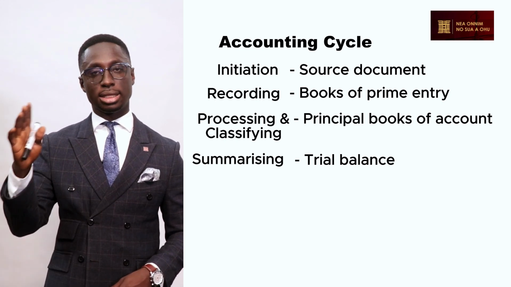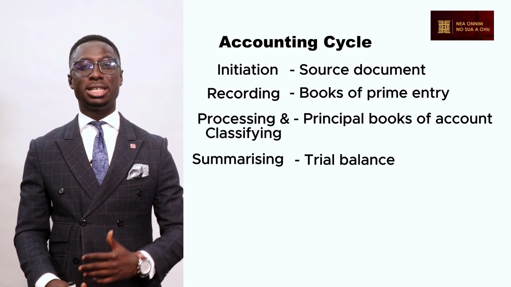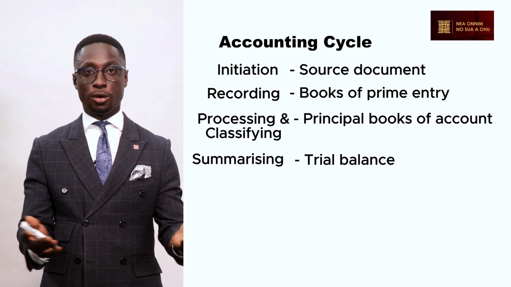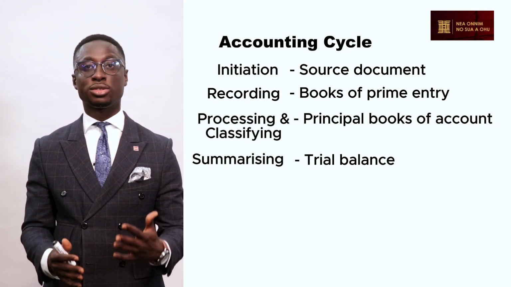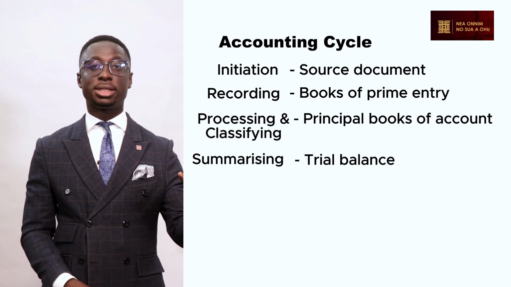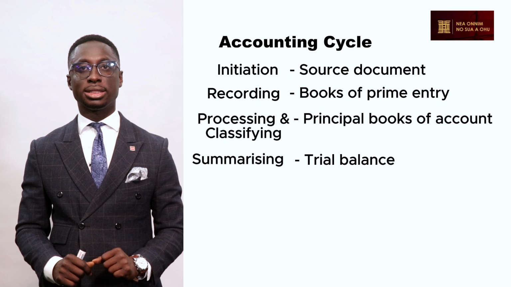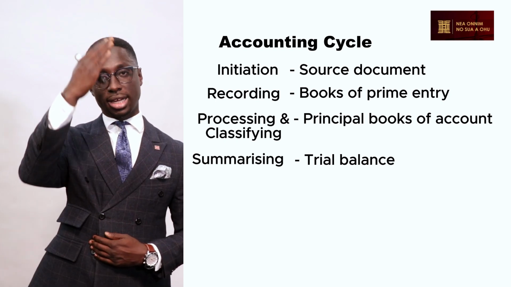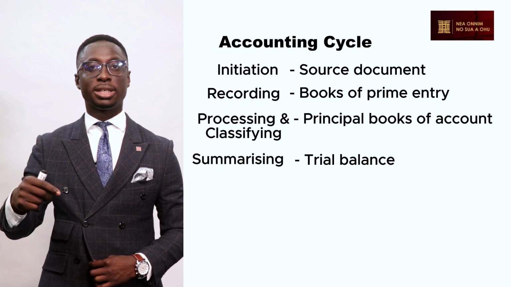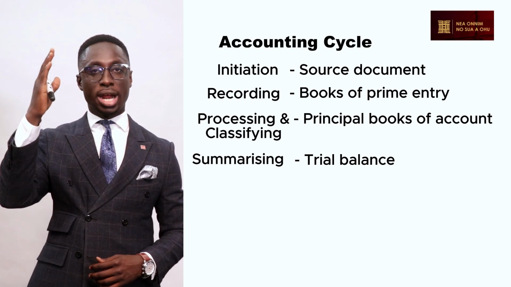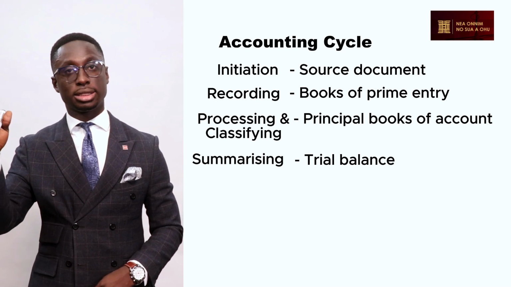You'd recall, again, that we mentioned the dual nature of transactions as part of our accounting concept. And we said that for every transaction, there's going to be a debit and a credit. So, on the face of the trial balance, you are going to have a list of accounts and then two other columns where you are going to be having values. One with the heading debit, the other with the heading credit.